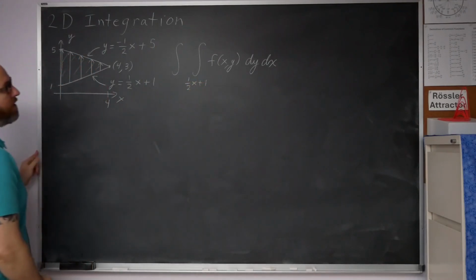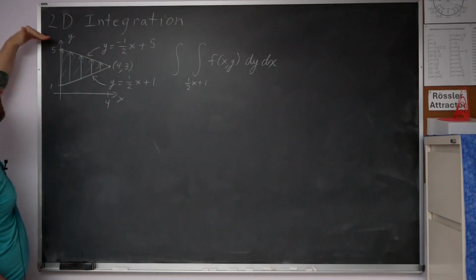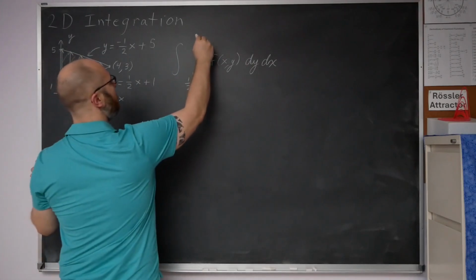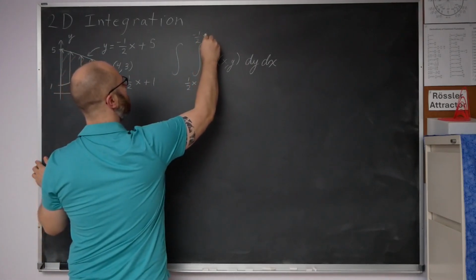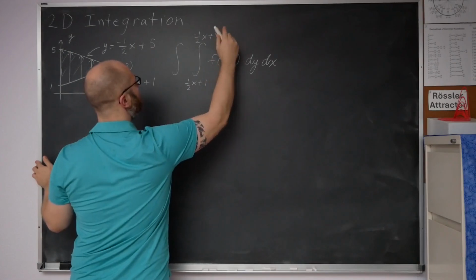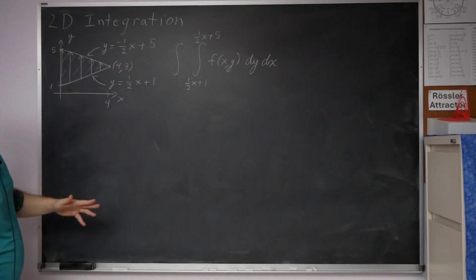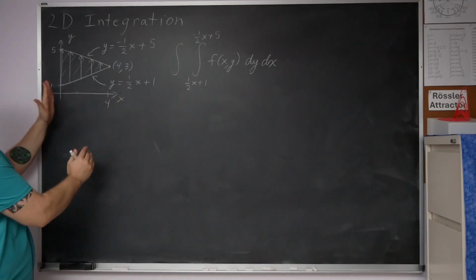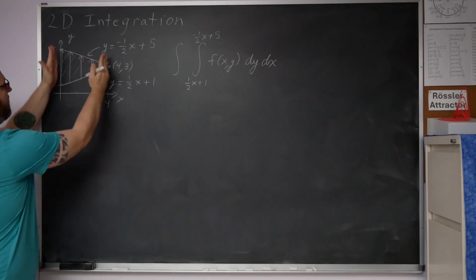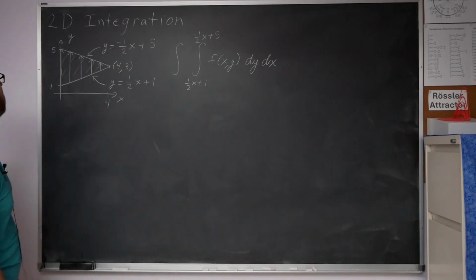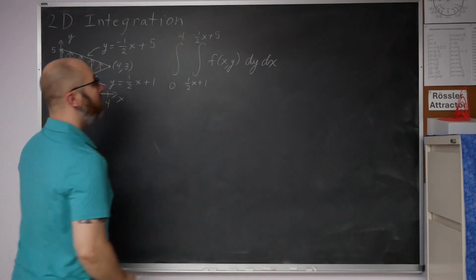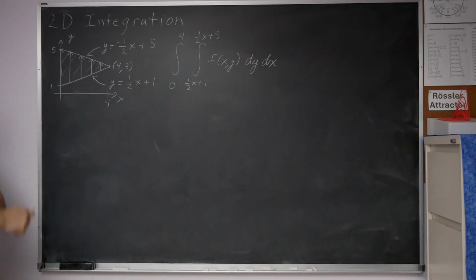Then my upper bound is the top equation, which is negative 1/2 x plus 5. And then my bounds on x are just 0 to 4. That's the entire triangle there. So 0 to 4. Well, that wasn't so bad.